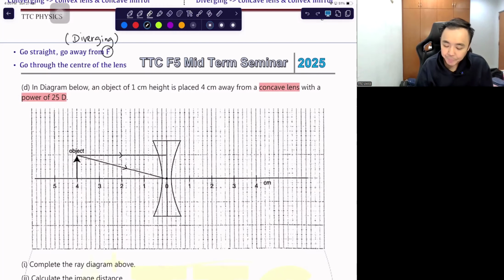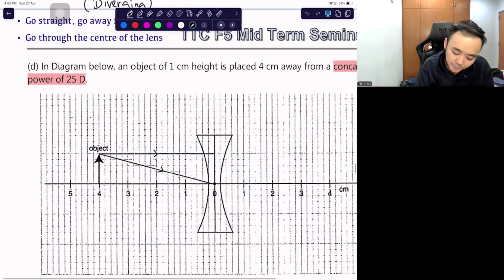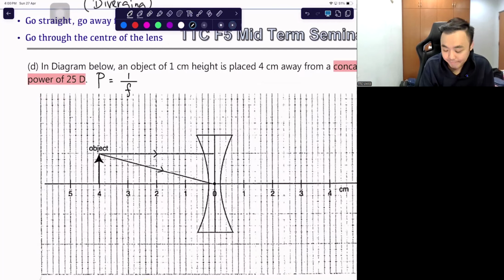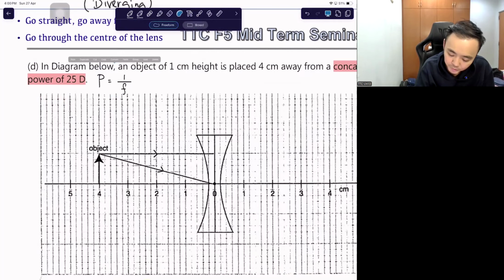So how do you get this? Actually, very simple. Do you know the formula for power? Lens power is 1 over F. Substitute, then we get the answer.